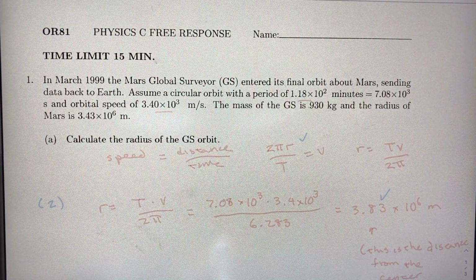Right, this is falling things, so make sure that you're using not just mgh, but the GMm over R squared sort of stuff.